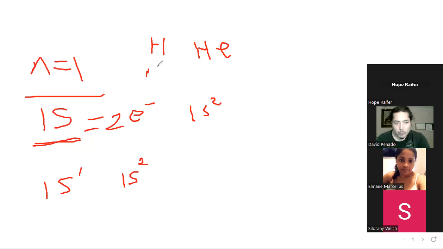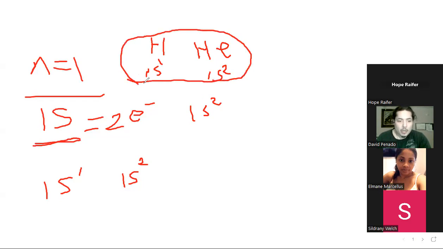So this one will be 1s1, and this one will be 1s2. And from there on, everything will be 1s2 on top, following the next order. These are the only two elements that just have 1s by itself.